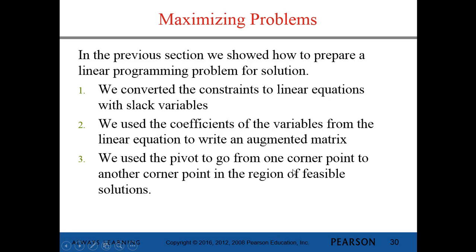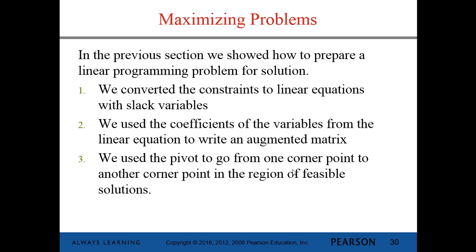Okay, so in the previous section, we showed how to prepare a linear program problem for solution. We converted the constraints to linear equations by adding slack variables. We used the coefficients of the variables from the linear equations to write an augmented matrix, including the objective row.